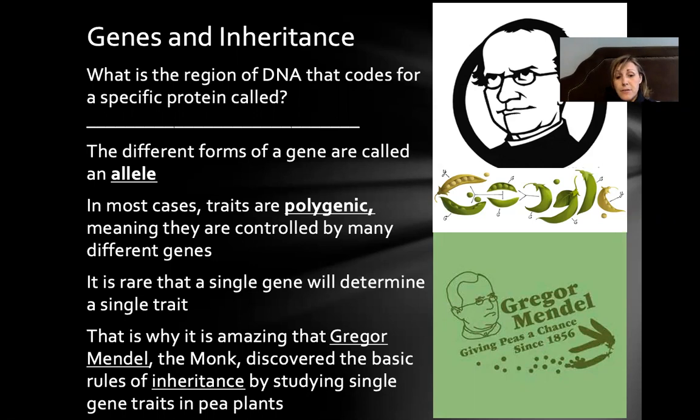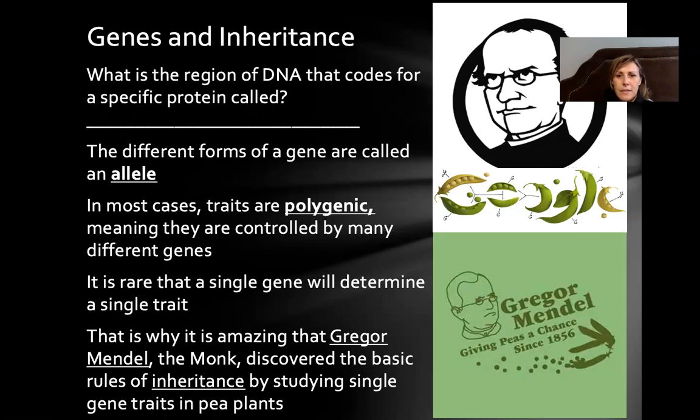That's why it's amazing that Gregor Mendel, the monk, and this is this guy right here where I'm putting my cursor, discovered the basics of rules of inheritance by studying single gene traits in pea plants. So he actually lucked out. He was a gardener, lived in Austria. Monks are those people who live in communes, very religious, but he was a gardener, and he was also a mathematician, and he studied traits in peas.